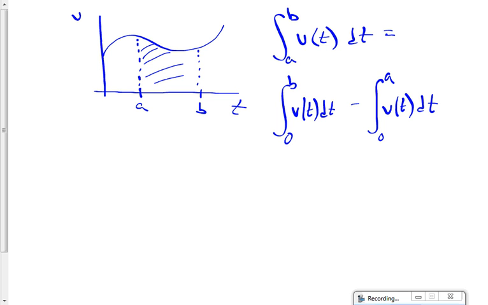Fair argument to make? I'll shade it for you just so we have it. The integral from 0 to B is all of that in red. That's too much. It's more area than what I want, though, right? I want the blue. This first integral gives me the red. If I subtract that portion, won't I get the blue? Fair? Okay.